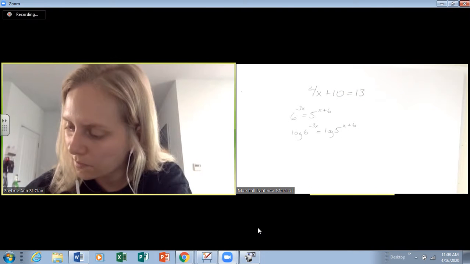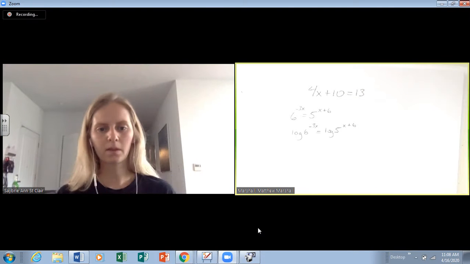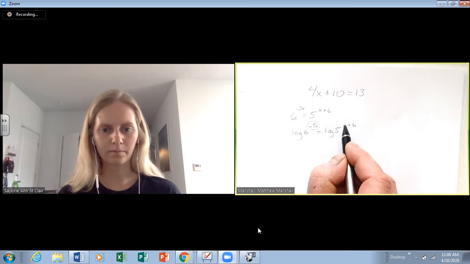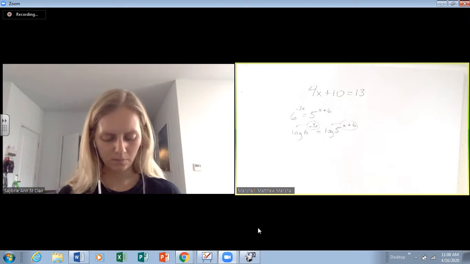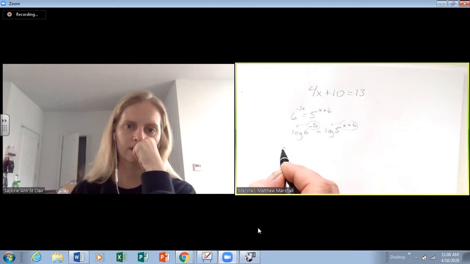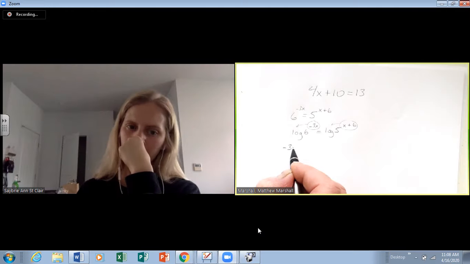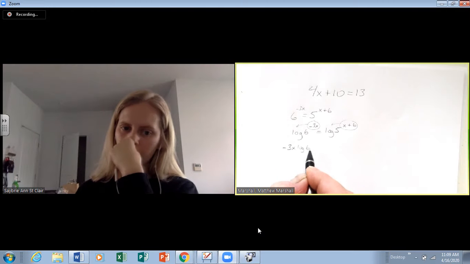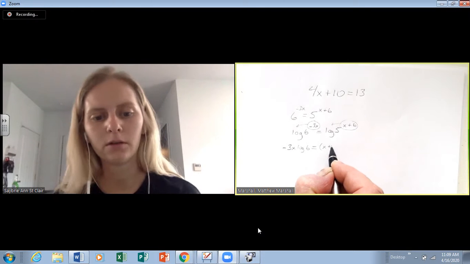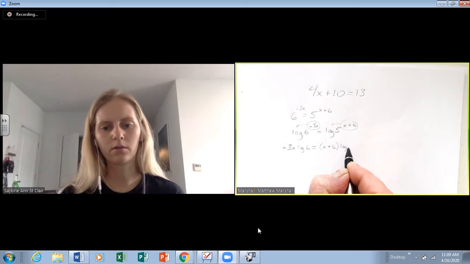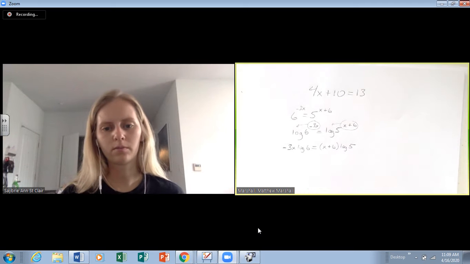So you're changing them to log form. And then I'm going to take these exponents and bring them both down to the front. So my next step will be negative 3x log 6 equals, in parentheses, x plus 6 log 5.